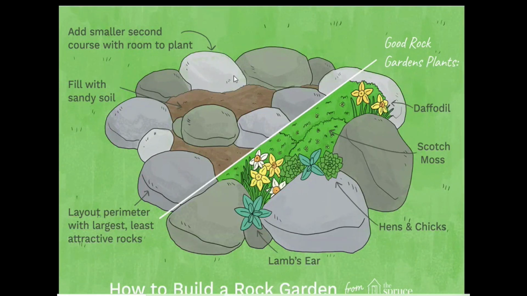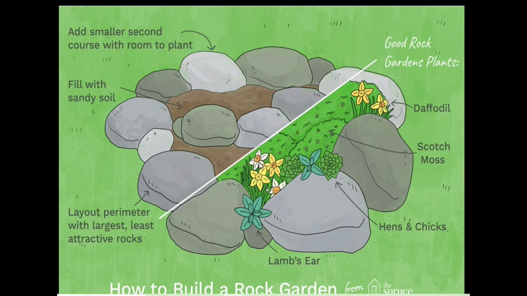Here you can see some smaller boulders and some big rocks in between, filled with sandy soil. Why sandy soil? Because this habitat is xerophytic, and all xerophytic plants require quite sandy soil. Sometimes you can use other soil too, and design however you want.